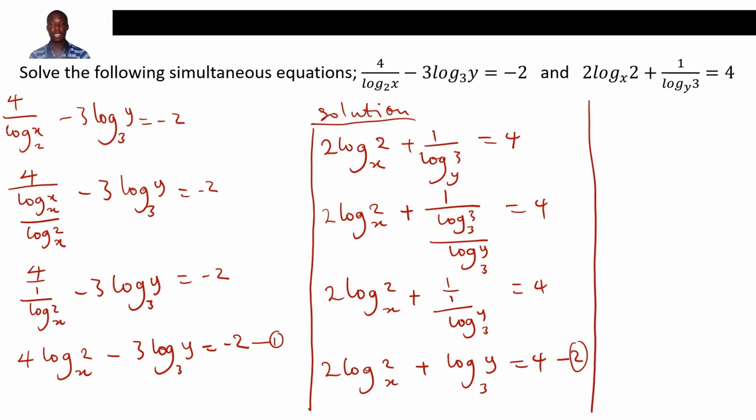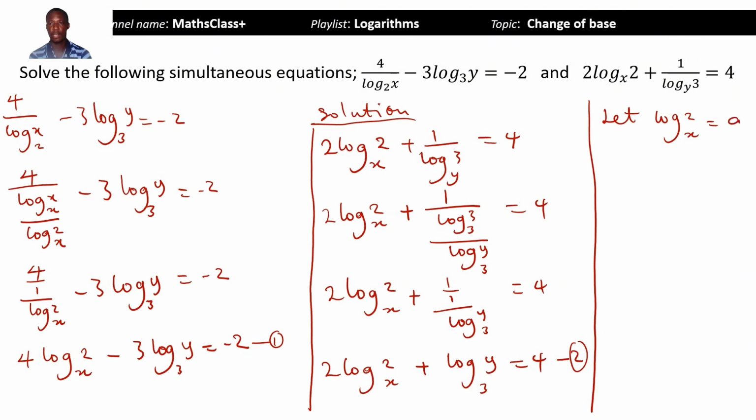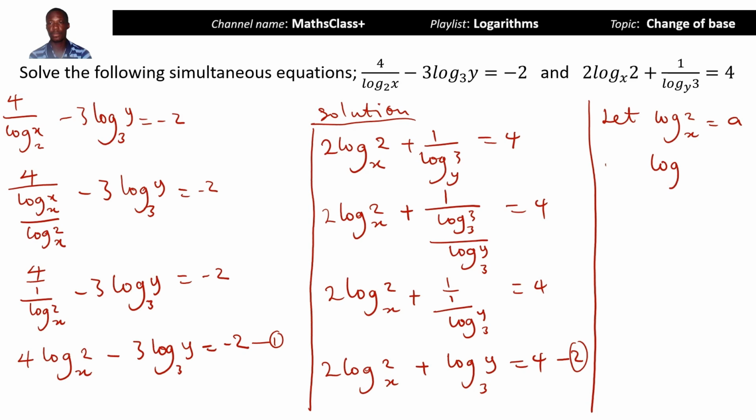So looking at the terms in equations 1 and 2, they are very similar. And so I will make a representation. So I will let log 2 base x be equal to a, and then log y base 3 be equal to b.